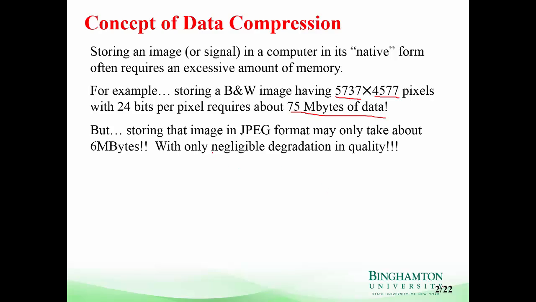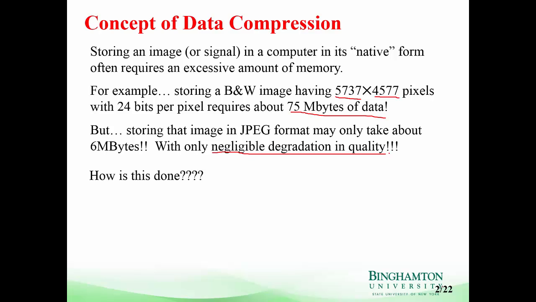So this was with negligible degradation in the quality. So that's pretty impressive, and that's not special to this particular image. I didn't pick any special image. In fact, it was just a picture of me from when I was maybe 10 years old, riding my bike.